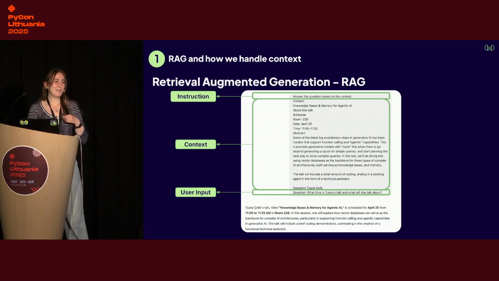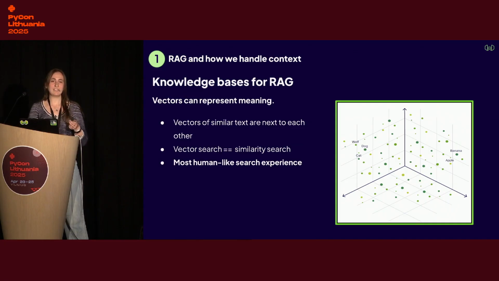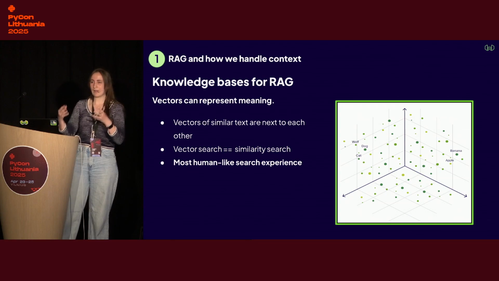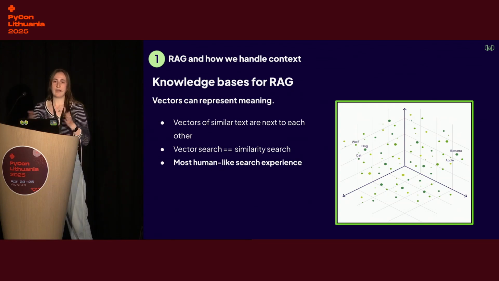Obviously, I went ahead and found the knowledge base, found the context, copy-pasted it, I cheated my way, and this is not how the real world works. And this is where vector databases come in. Just for those who don't know what vector databases are, I'm not going to go into detail, but the idea is simple. Any human text language can be represented as a sequence of numbers that we call vectors.